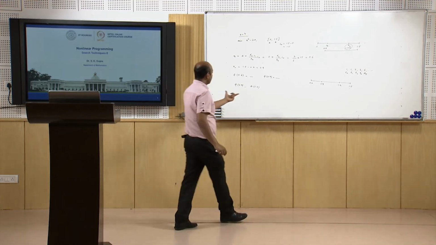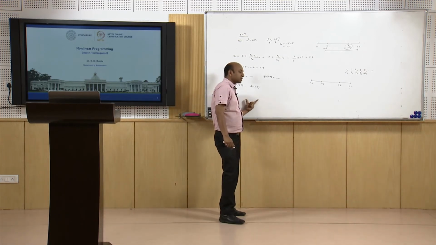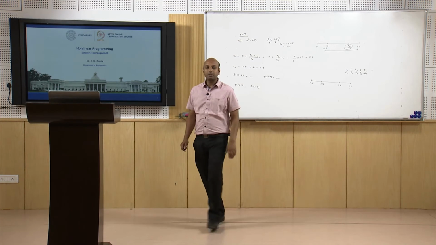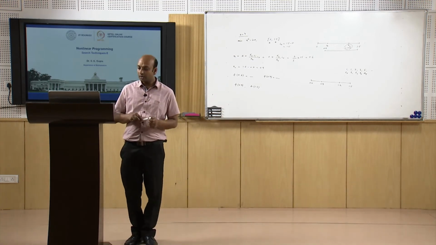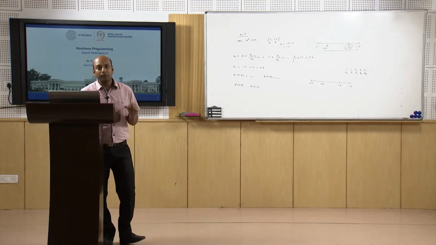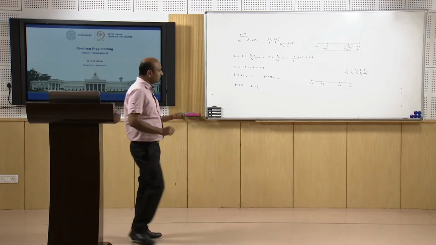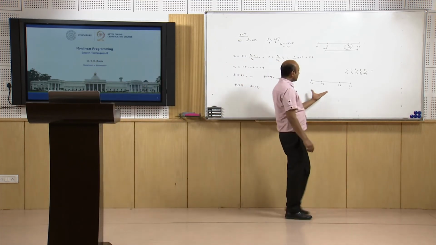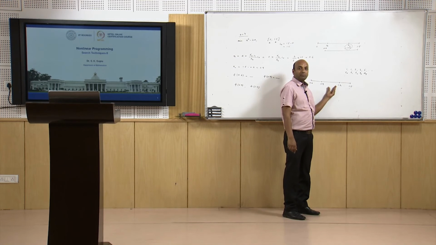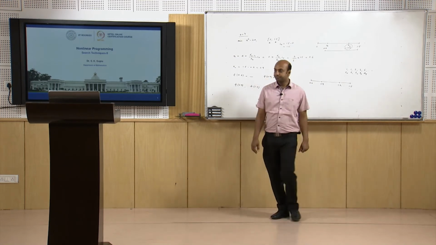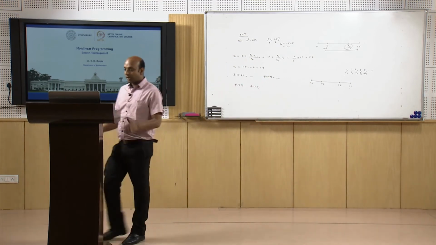Here we have found 3, so one more iteration is required to complete the problem. In this way we are reducing the size of the interval such that the point of minima always lies inside the interval. So, this is the Fibonacci search technique.